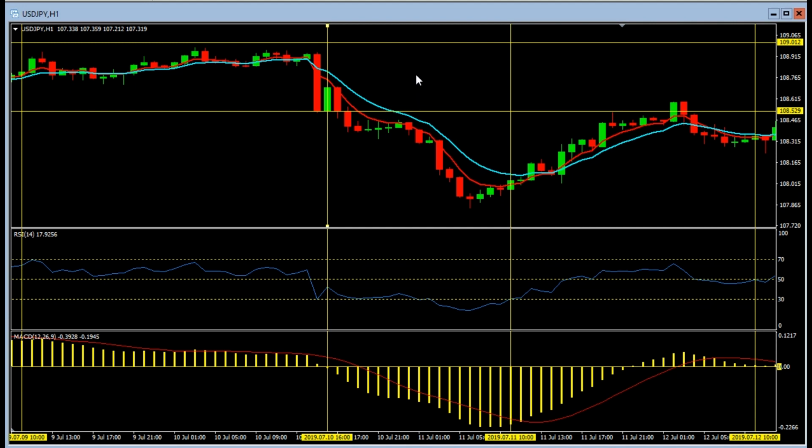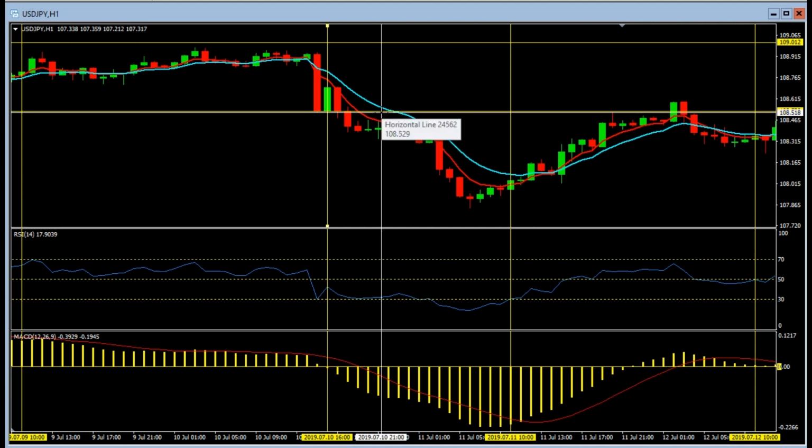I'll show you how we get the signal. We are risking 48 pips, so we want 48 pips, and we get 48 pips on this candle.